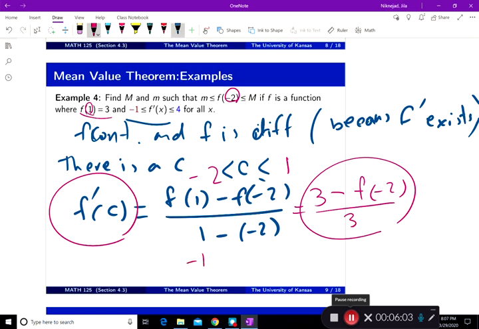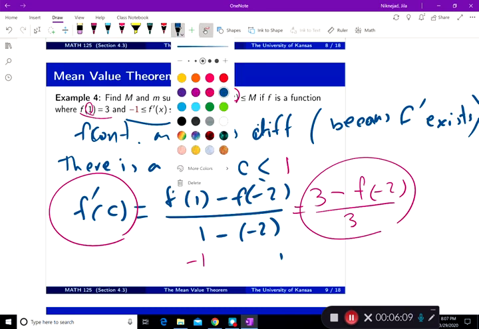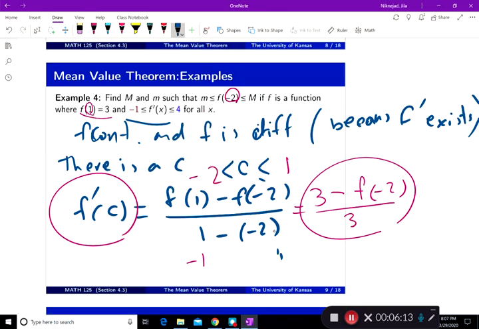So that's what I do. -1 and 4. So between -1 and 4, and this value is going to sit between them. So 3 minus f of -2 over 3.